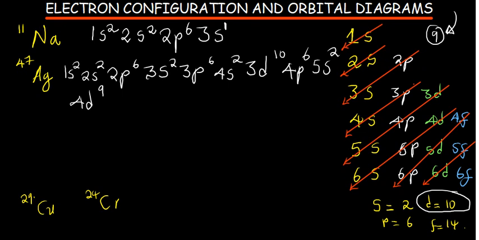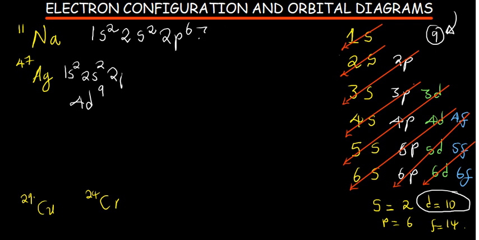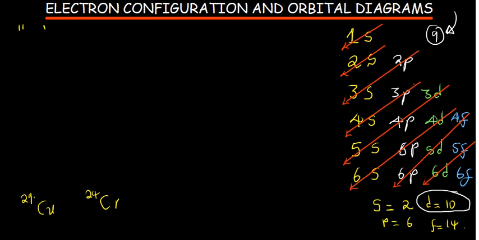Now, most of the times in your exams, they are going to ask you to write a shorthand form electron configuration, not this one which I've written here. This is the long form. But if they have not specified, you can write whichever is easier for you.